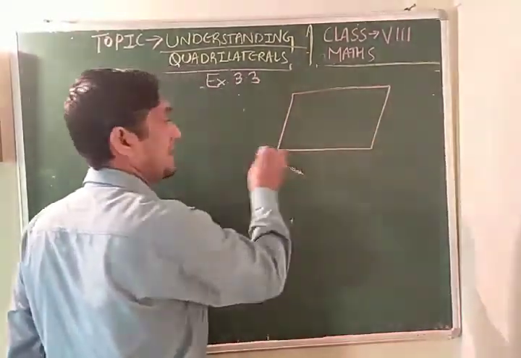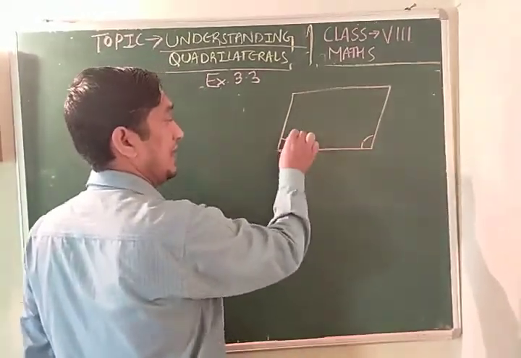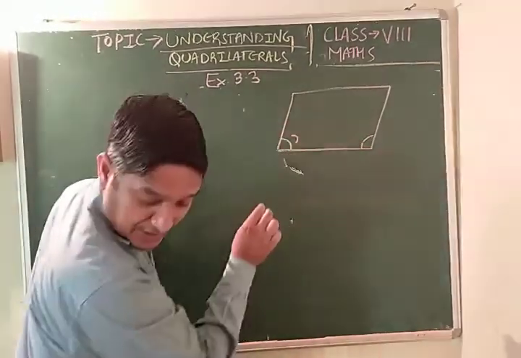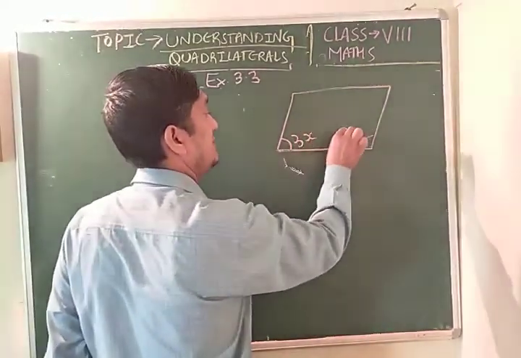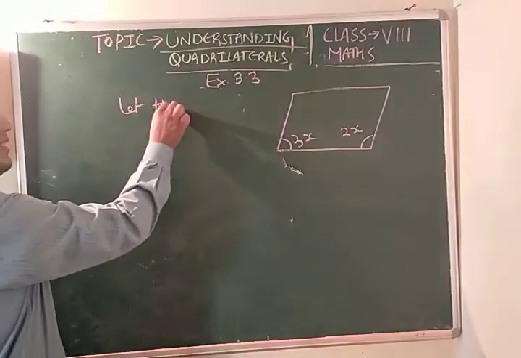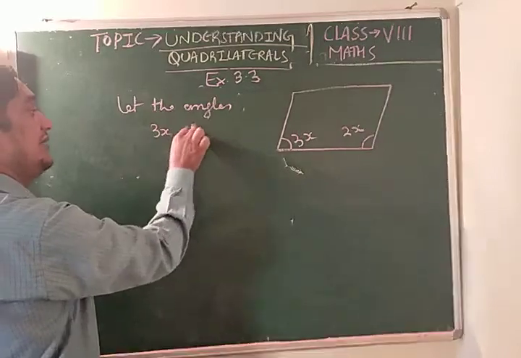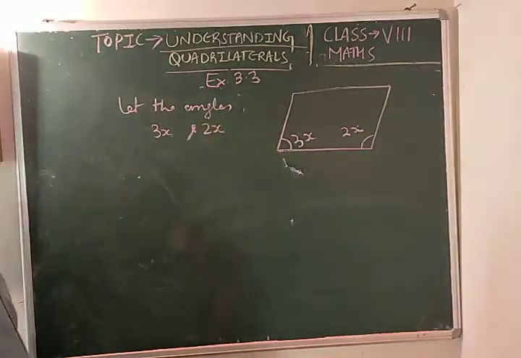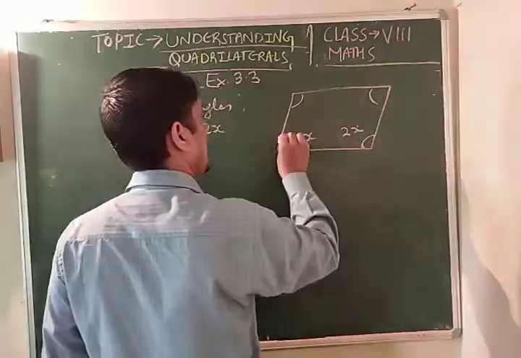Let us suppose this is a parallelogram, and these two adjacent angles are in the ratio 3:2. So let this angle be 3x and this angle be 2x. Now children, we have to find all the angles.